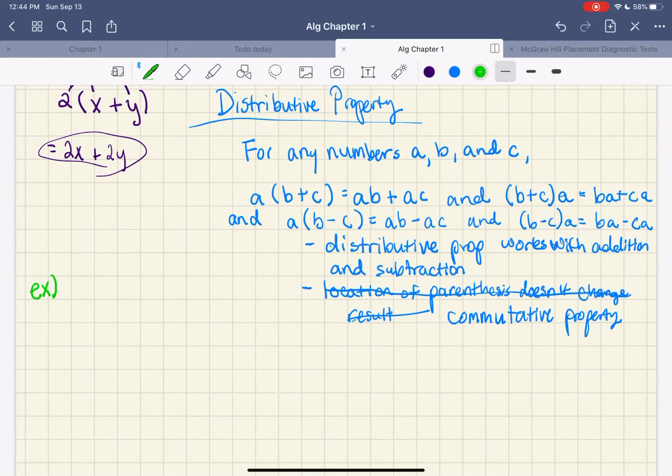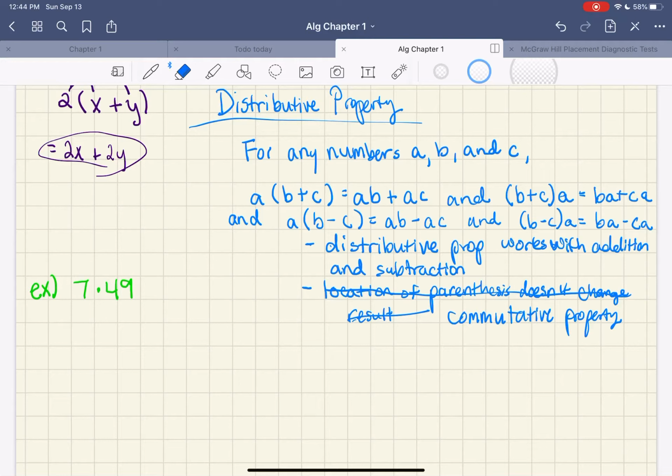So if you were given 7 times 49 and you didn't have a calculator, it wouldn't really make sense for you to try to use the distributive property to solve this. You would just do 49 times 7, and then you would end up with whatever your answer is, okay?